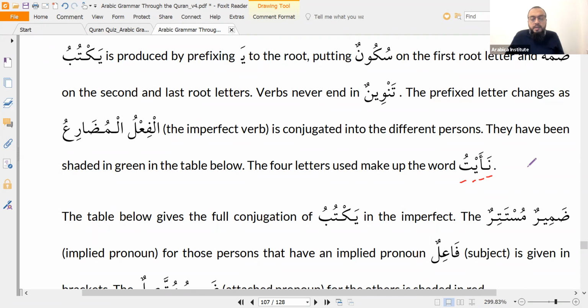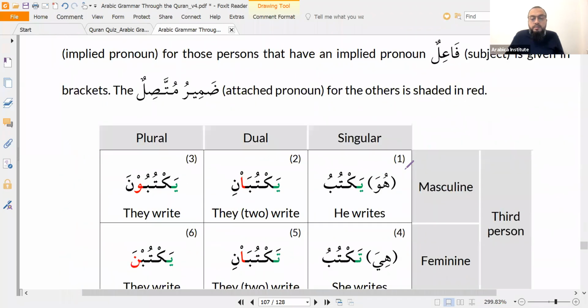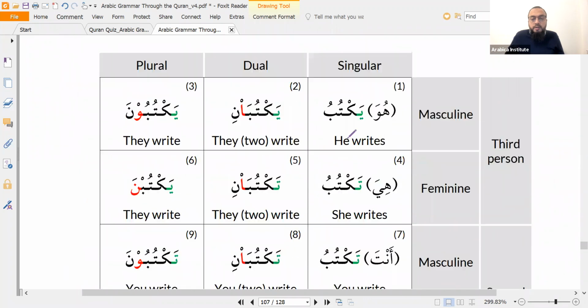This word encapsulates a formula for those four letters: nun, alif, ya, and ta. So if you ever hear somebody say na'aytu, in relation to grammar they're talking about the nun, the hamza, the ya, and the ta.